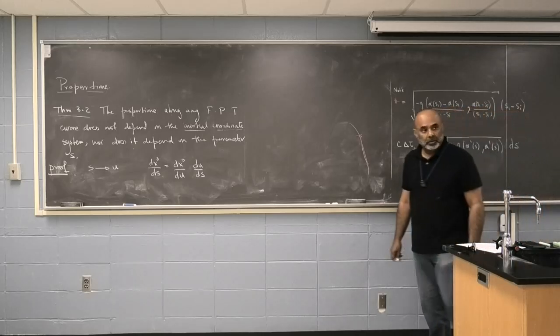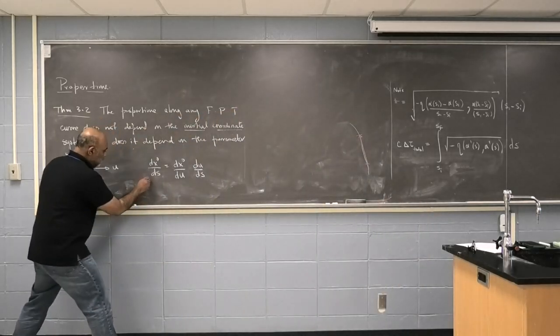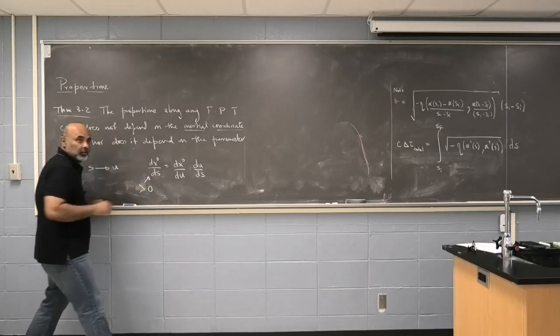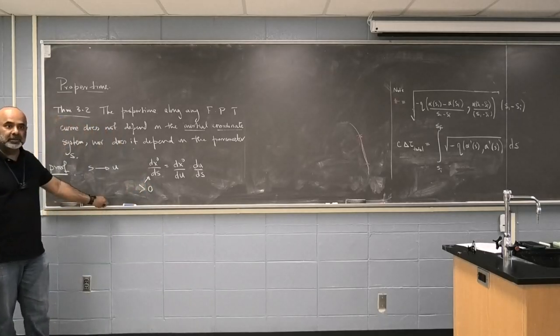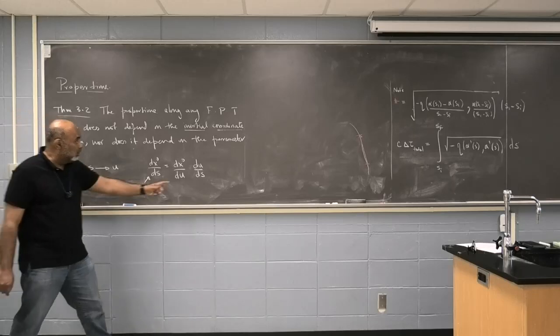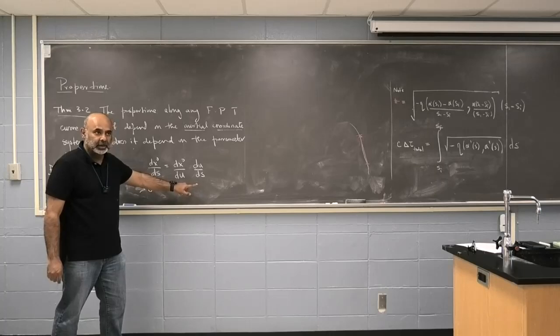Okay, so because the curve is future pointing, this guy is greater than 0. The original curve that was given to you. The rate of change of the time component has to be greater than 0. Because this is a proper parameter, du/ds is greater than 0. Correct? It's a one-to-one function.